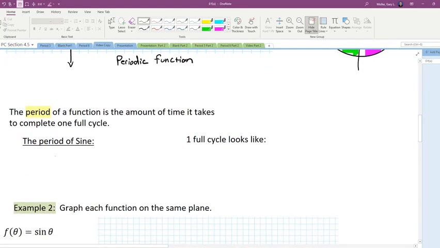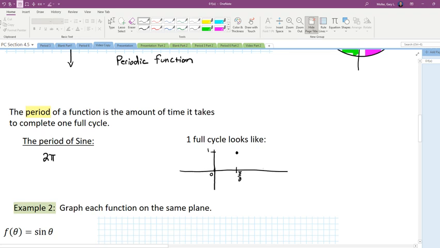So the period of sine is 2 pi, and for one full period of sine, one full cycle, we're just going to make this super easy. We are going to just mark the extremes. So we know we start at 0. We know at pi over 2, we're at 1.